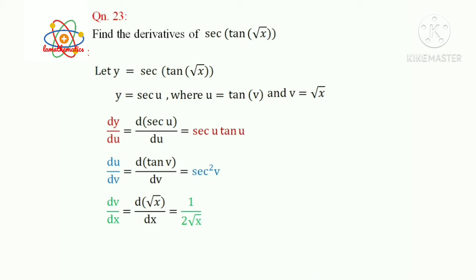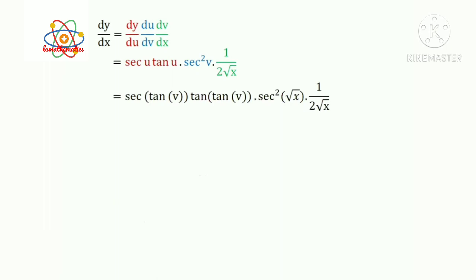Therefore, we find dy by du, du by dv, and dv by dx. We have dy by dx equal to dy by du into du by dv into dv by dx, equal to sec u tan u into sec square v into 1 by 2 root x, equal to sec tan v, tan v, sec square root x into 1 by 2 root x.